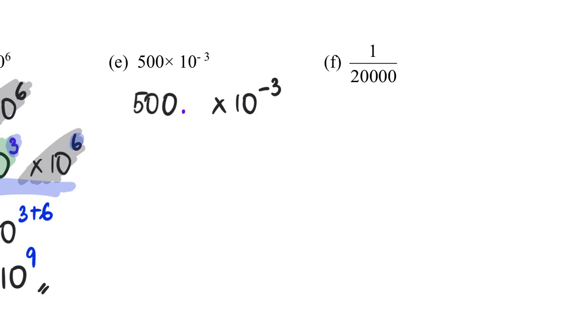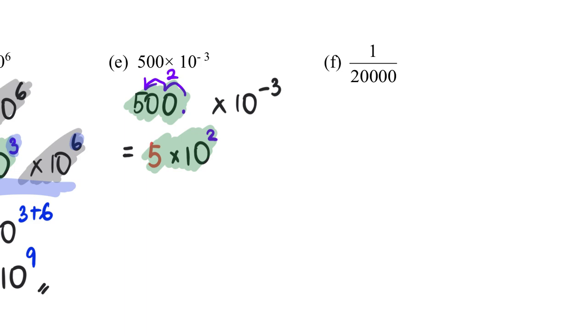Yeah, here. So 1, 2. So I could rewrite 500 as 5.0 or 5 times 10 to the power of 2. So this is the 500.